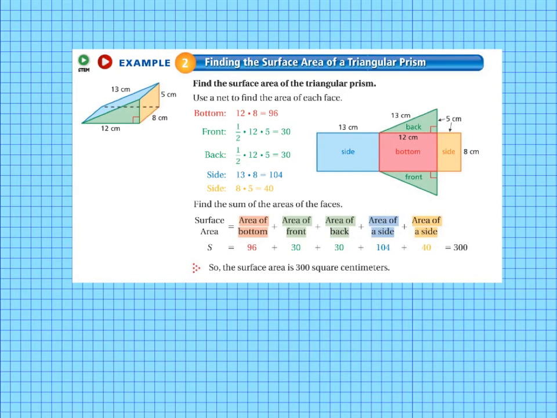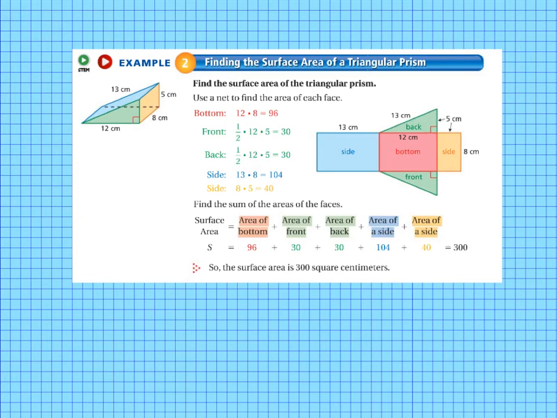Example 2, we're finding the surface area of a triangular prism. We need to use a net to find the area of each face. On a triangular prism, we are generally going to have 5 sections on our net instead of 6, because we've got a triangle instead of a rectangle.